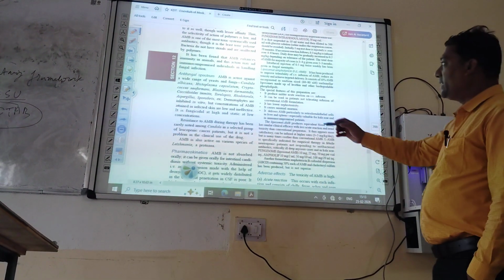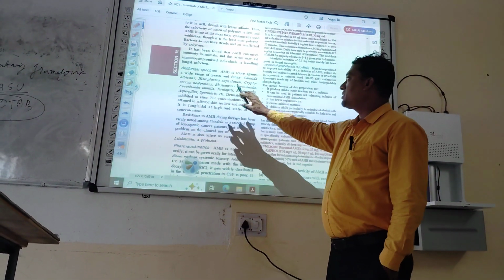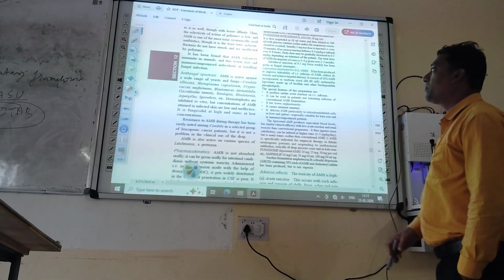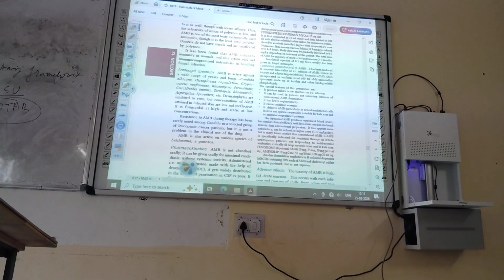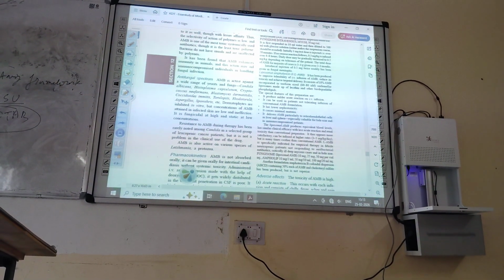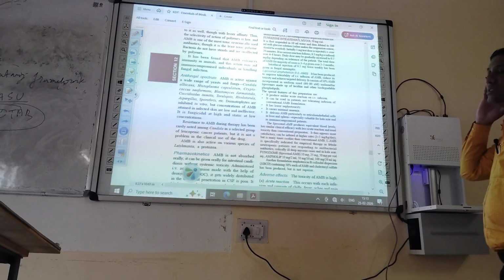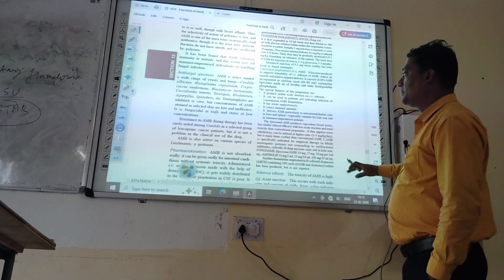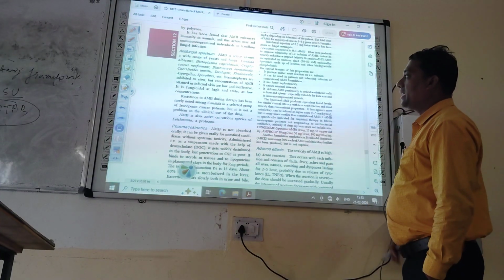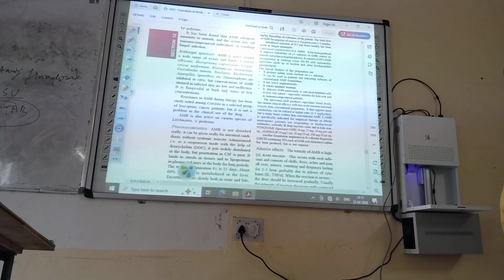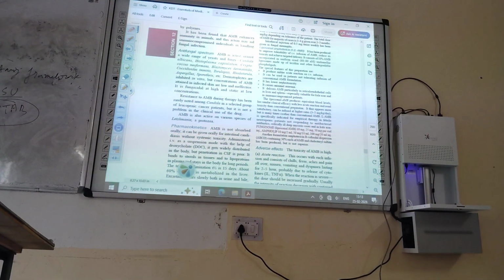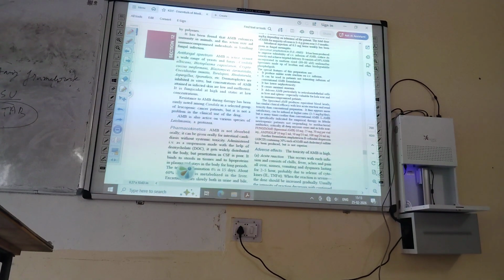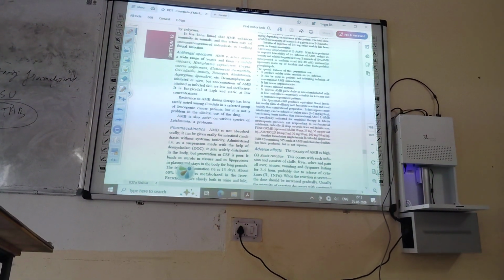These include Candida albicans, Histoplasma capsulatum, Cryptococcus neoformans. These are the different species causing candidiasis or fungal infection. Then resistance during therapy has been noted among Candida.